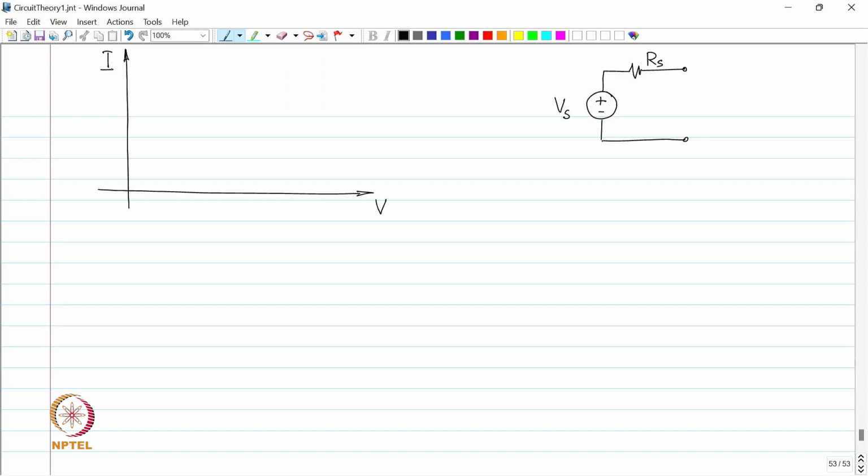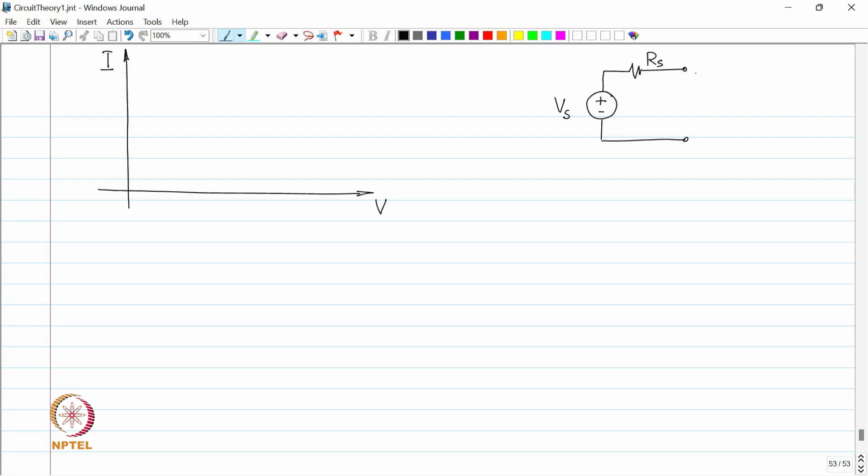My last comment is, what are you going to do? Let us just think of the linear case. Suppose I have a DC source, Vs and Rs, and I want to draw the IV characteristics of this.